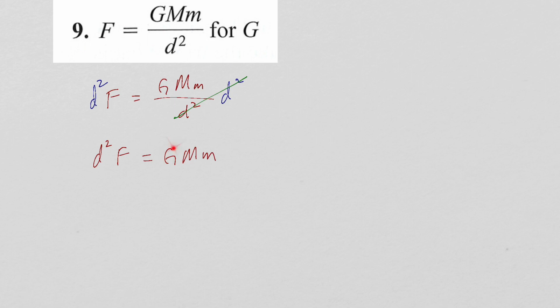And I'm solving for G, so I want to get rid of these. I'll divide them out. And I got to do that on both sides. So my final answer is G is going to be equal to D squared F over big M little m. And that's it.